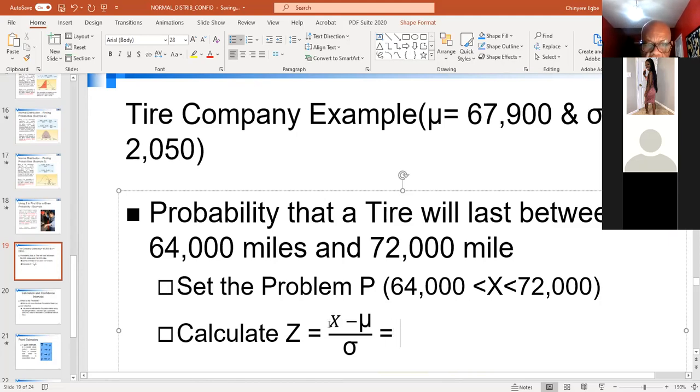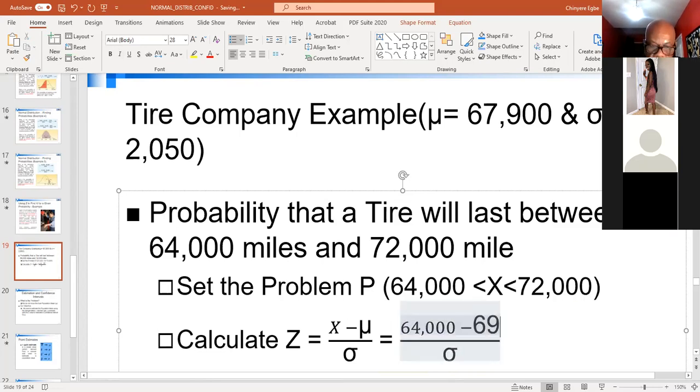Okay. So 64,000 minus 69,700 over sigma 2050.